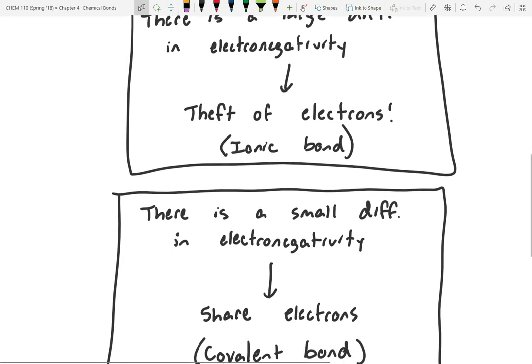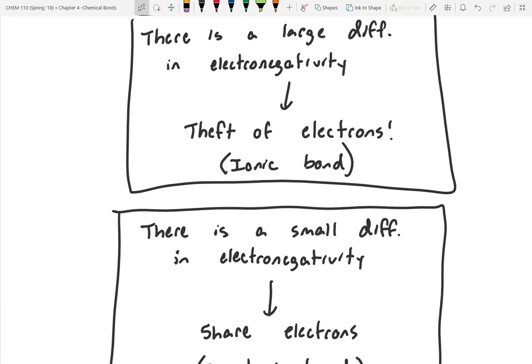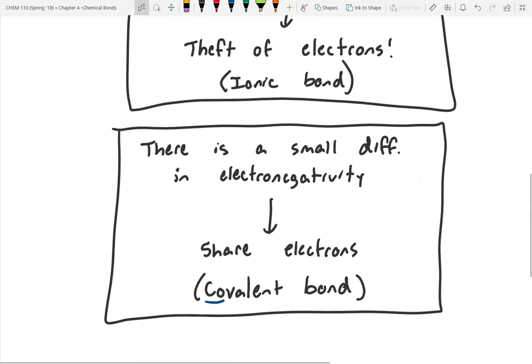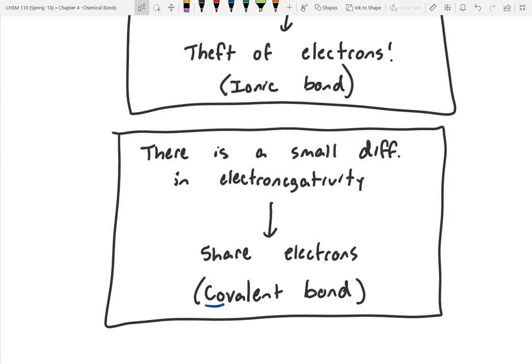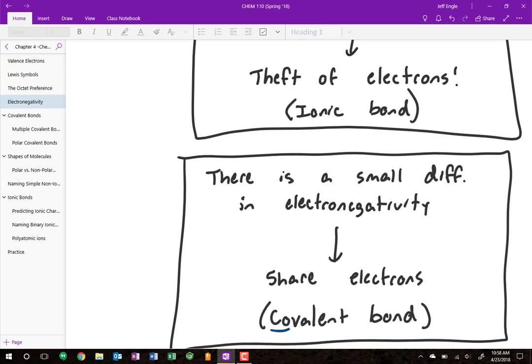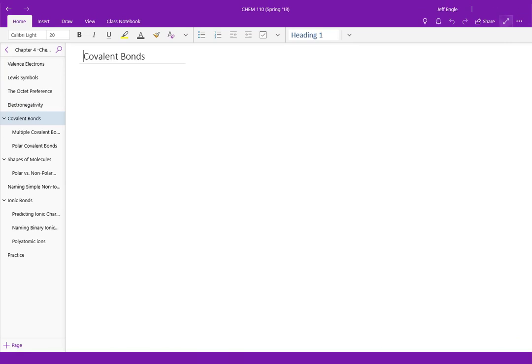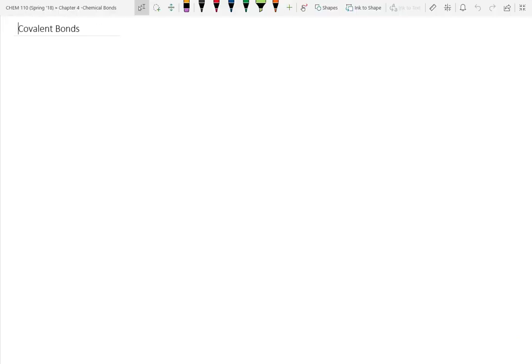So we've got two very distinct bond types depending on the difference in electronegativity between two neighboring atoms. We're going to focus a lot on covalent bonds though, and that's what we're going to do tomorrow during our lab. So let's go into a little bit more detail about these covalent bonds where sharing occurs. Like I said, it's a sharing of electrons between two atoms.